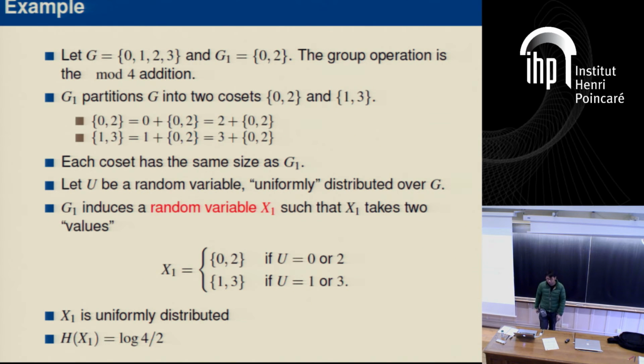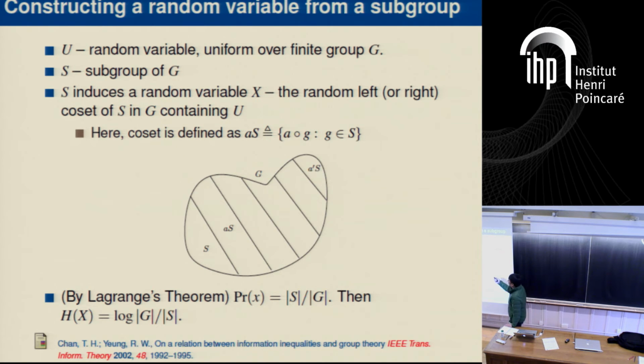I forgot to mention how you generate a random variable X. This is how you do it: you define a random variable X, which gives you the index of which coset U is in. That's how you generate a random variable.